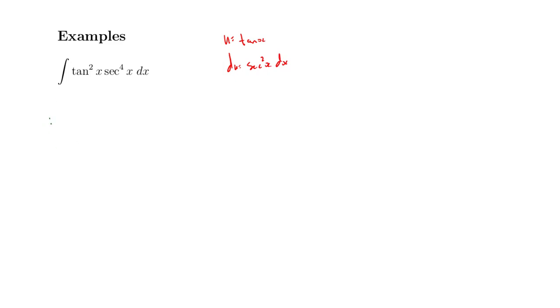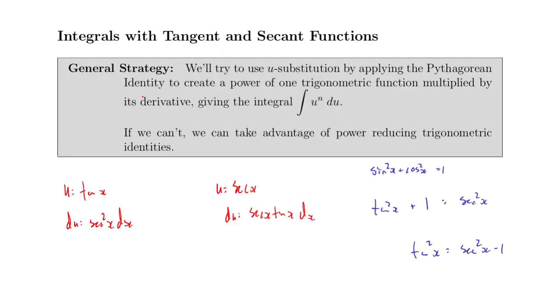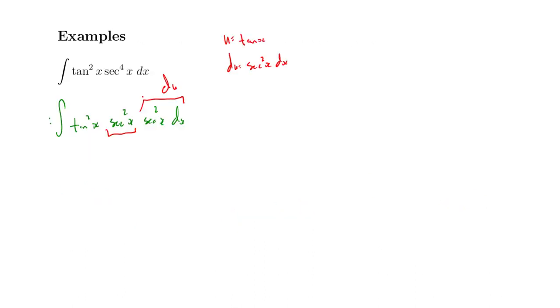Because what we can do is just rewrite this as tangent squared x times secant squared x times secant squared x dx. These last ones here become du. For this, we'll convert it using this little formula that we've got here. This is going to be tangent squared of x plus 1.